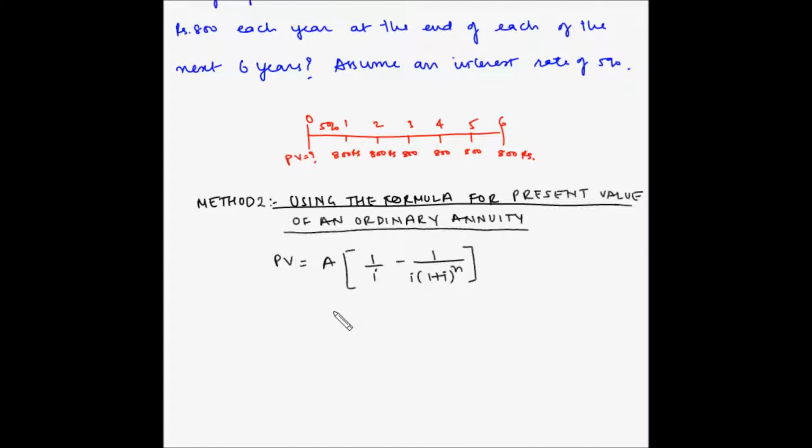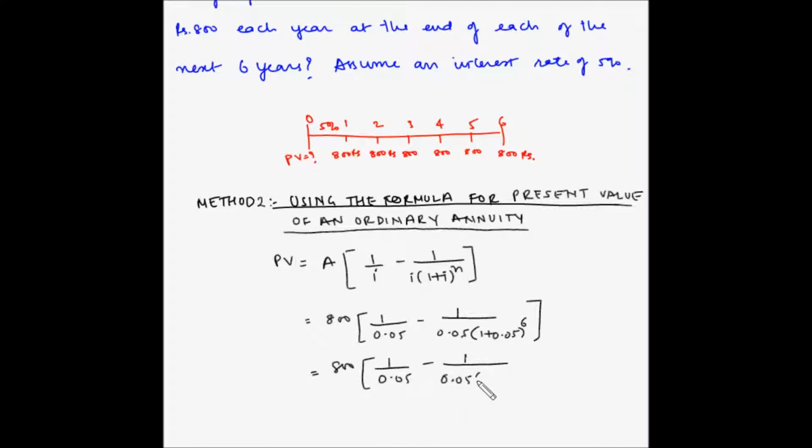So let's plug in these values. So this is what we get. Now let's further simplify it. So 800 into 1 divided by 0.05 minus 1 divided by 0.05 into, this becomes 1.05 to the power 6.